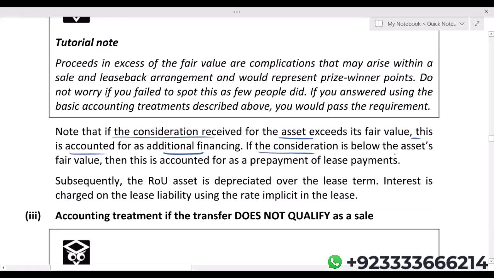If the consideration is below the asset's fair value, then this is accounted for as a prepayment of the lease payments. Subsequently, the right of use asset is depreciated over the lease term. Interest is charged on the lease liability using the rate implicit in the lease. I hope it's straightforward, everything is from IFRS 16.